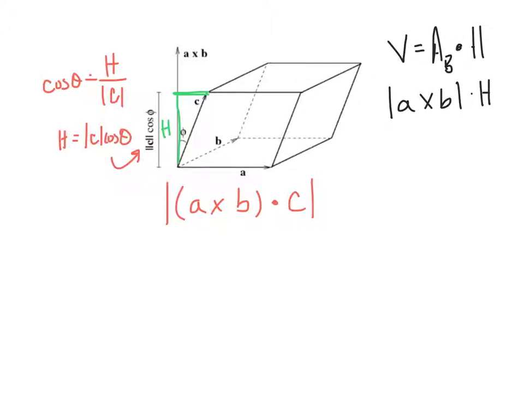So we could certainly do B cross C and then use A to find our height. And obviously A is not the height, but we could find it using A. We could do A cross C and then use B as kind of our height. So it doesn't matter. This is one of the nice things about this. Okay, let's do an example.